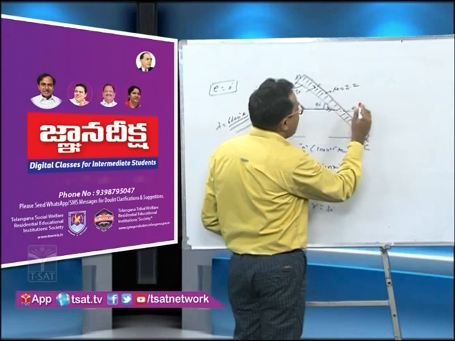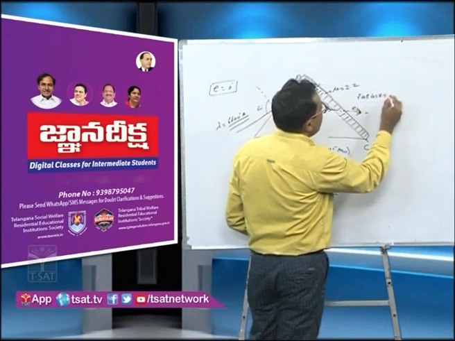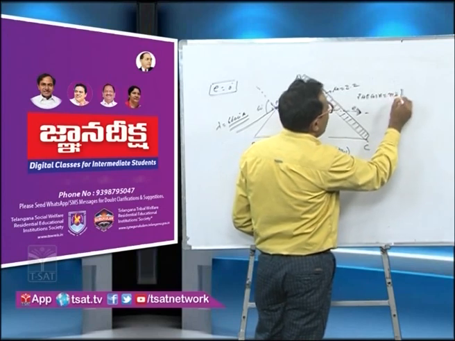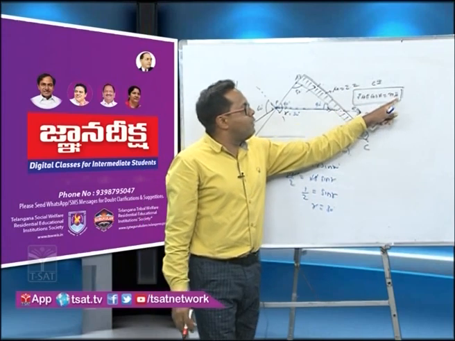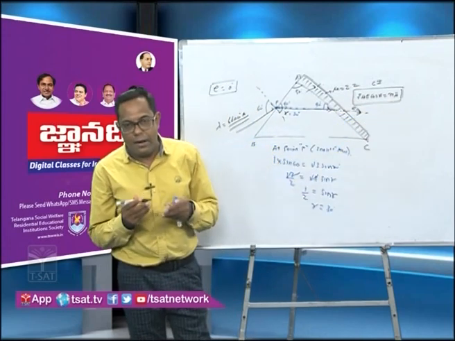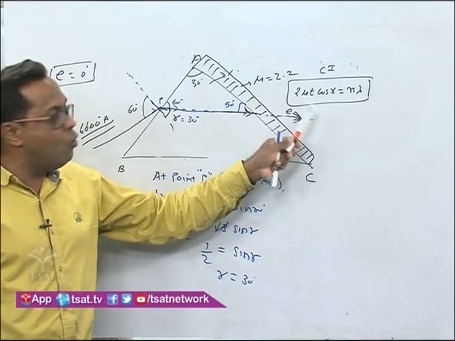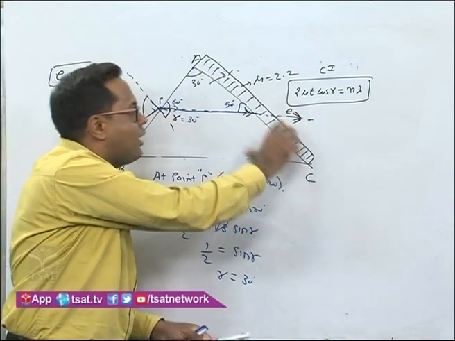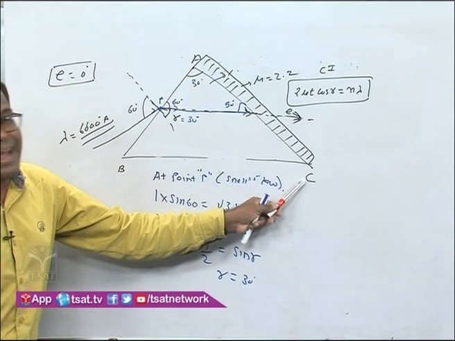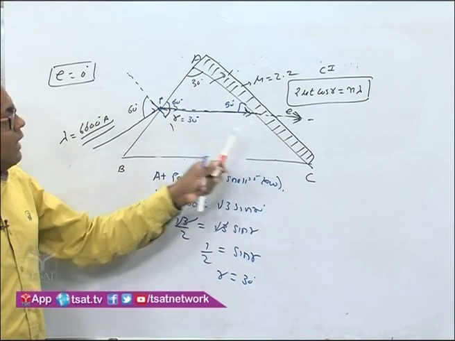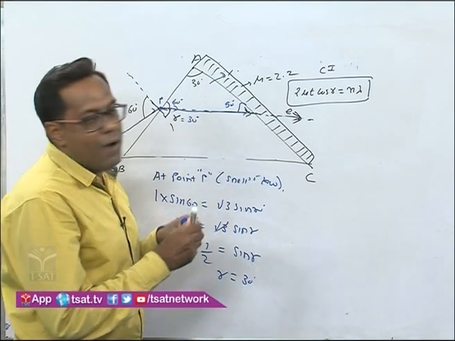You know the formula: 2 mu t cos r is equal to n lambda for constructive interference, where mu is the refractive index of the thin film, given as 2.2, and t is the thickness which we have to find. We have to get the minimum thickness of this coating AC such that the intensity of the light is maximum.